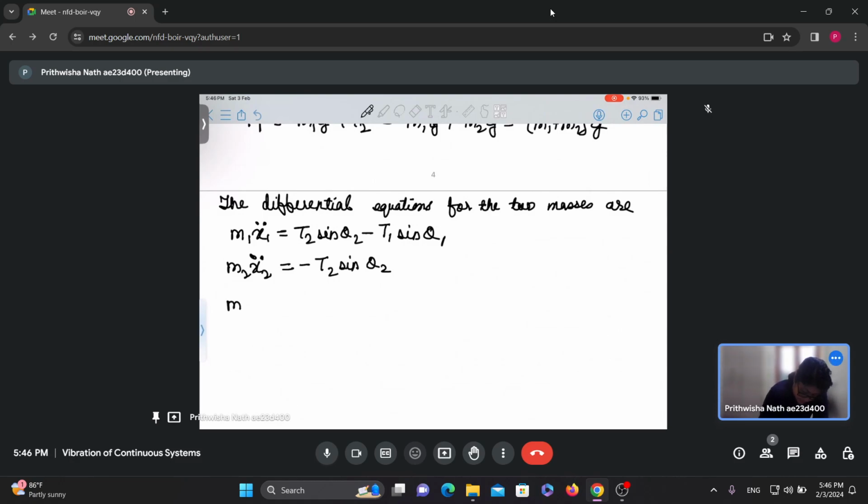Now we substitute the values for T1, T2, sin theta 1 and sin theta 2.